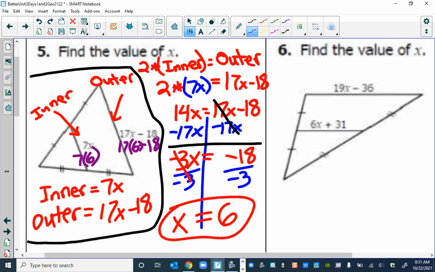You don't have to do it unless I tell you otherwise. All we want is to solve for the x, right? Follow the directions. Okay? Questions on this problem? Anybody any questions on problem number 5 here?